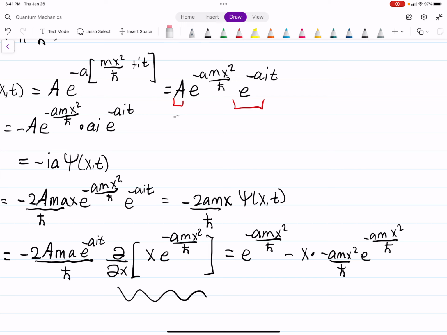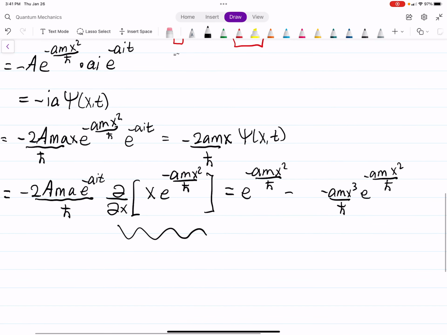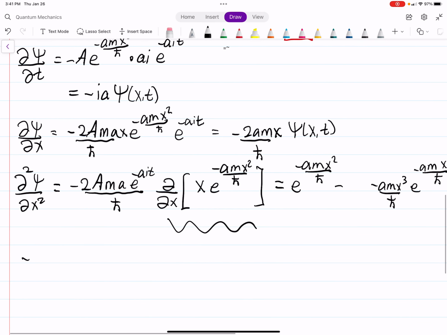So this just becomes a minus. This becomes now x cubed. So that times all of this, 2a m little a e to the minus a i t over h bar.